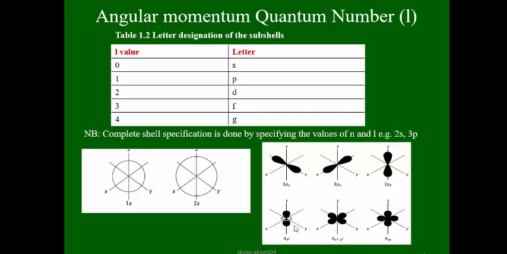We can see that it looks like dumbbell. This one is double of it. That's why we are seeing dz square. This one is dx, x direction, and z direction. This one is y direction, so dxy. So this one is the same double dumbbell. We have two dumbbells, that is why we are having double dumbbell.